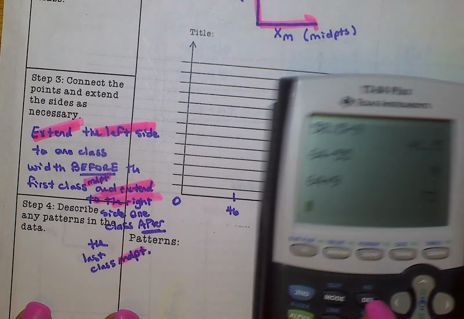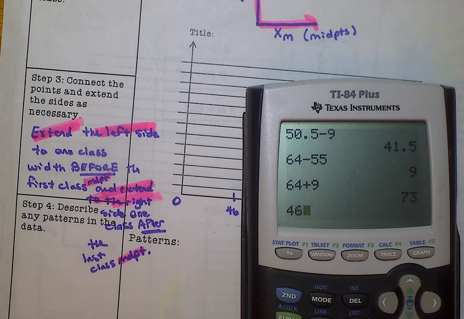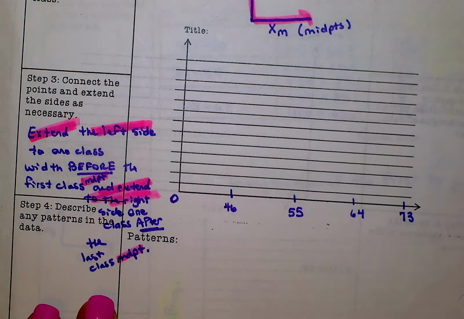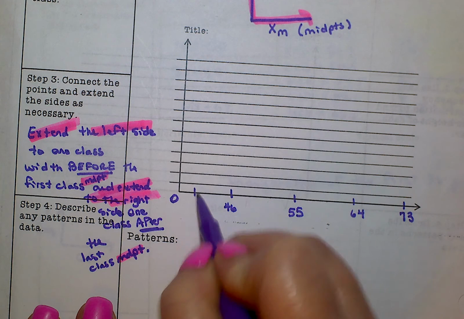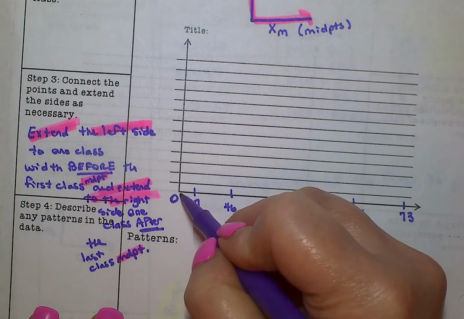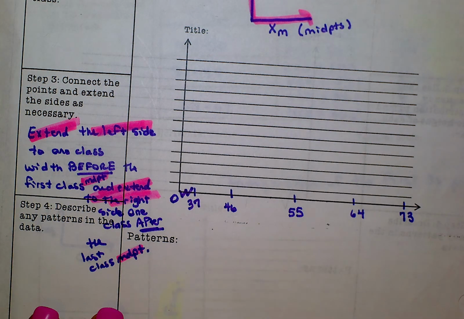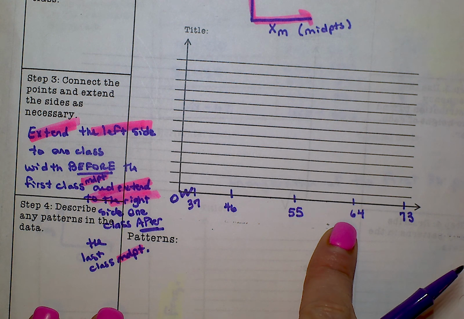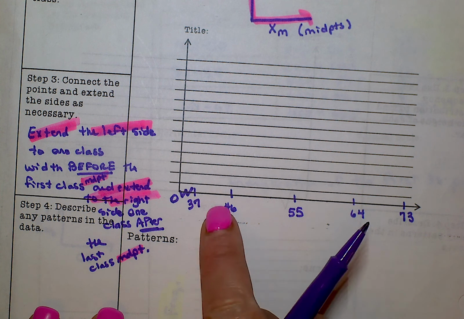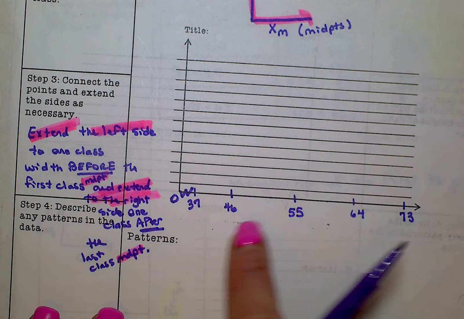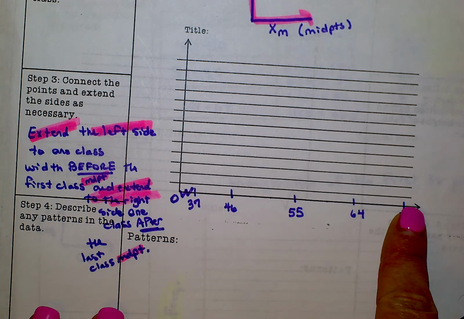Then I extend to the left. So I'm going to do 46 minus 9, and that's going to go to 37. So I'm going to put 37 somewhere there. Okay. I need to break that because I'm not going 37 each time. I'm going 9 each time. And then if I had a pencil, I would probably go back and erase some of that to make it about the same distance between.